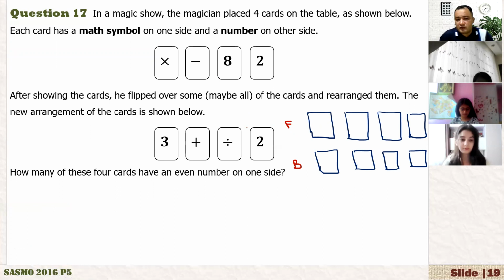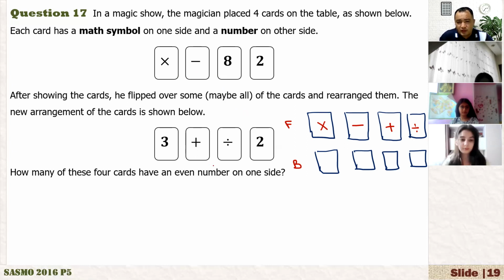Good. As you see in the card section, we have front and back, right? We have 4 mathematical symbols and also 4 numbers. The 4 mathematical symbols are multiplication, subtraction, addition, and division, right? And the first one has multiplication and subtraction, right?